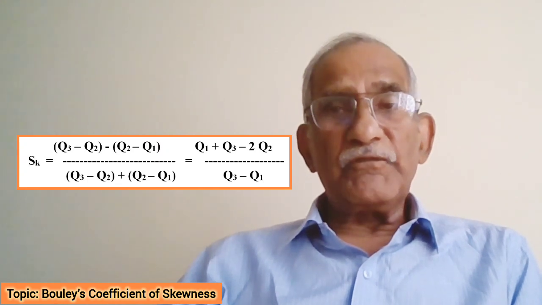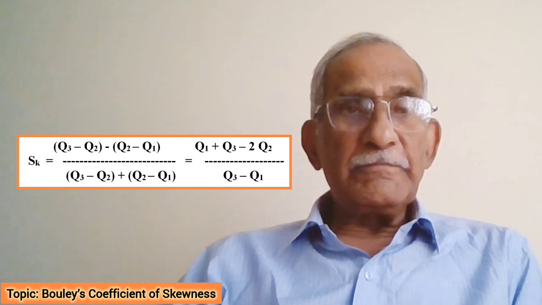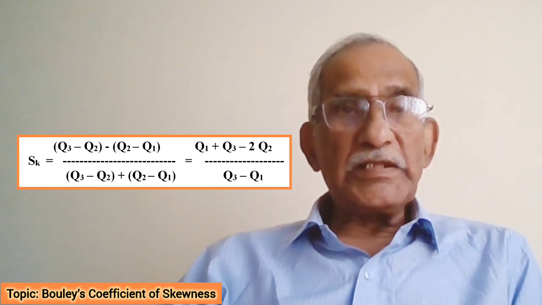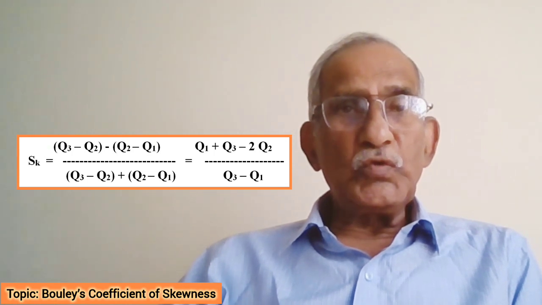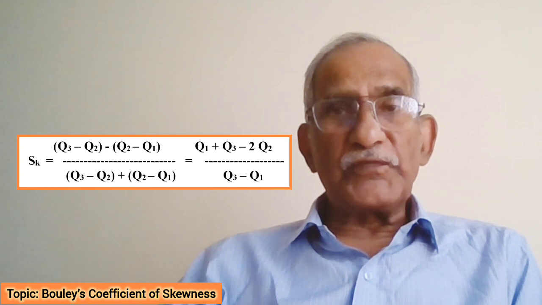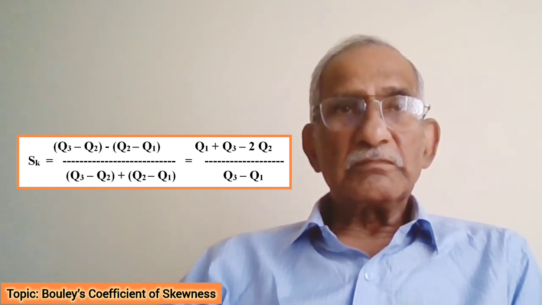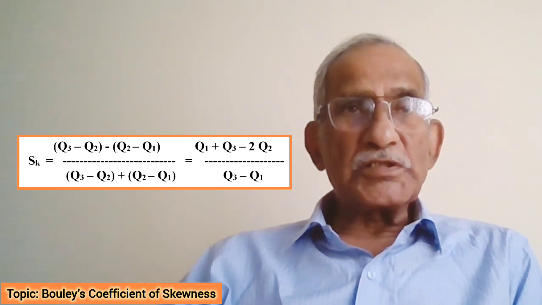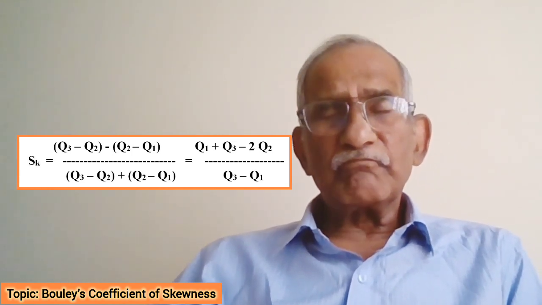To make it unit free, we divide it by (Q3 minus Q2) plus (Q2 minus Q1) and get the coefficient, Sk. This is the coefficient of skewness, the symbol for the coefficient of skewness.